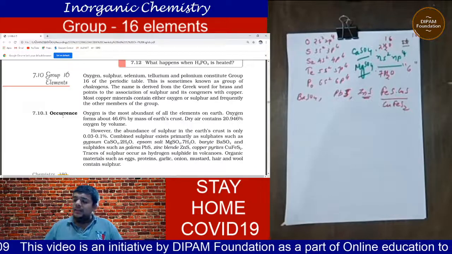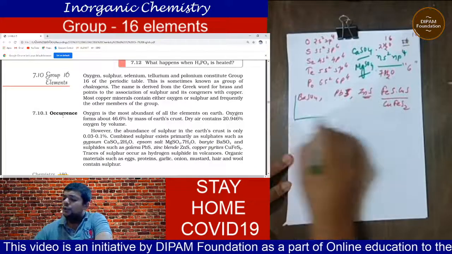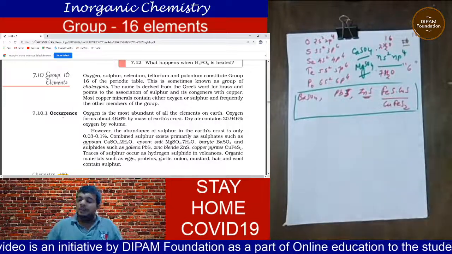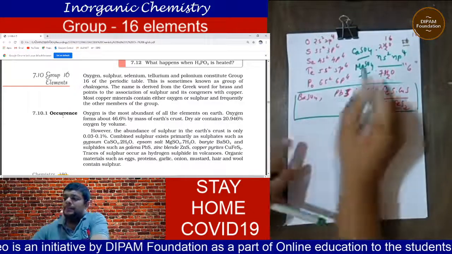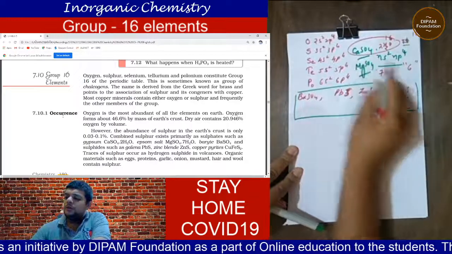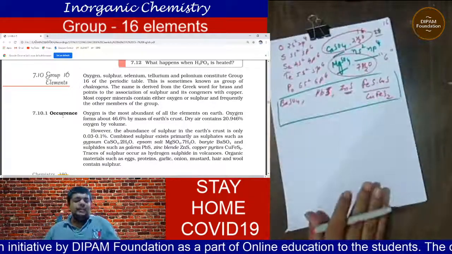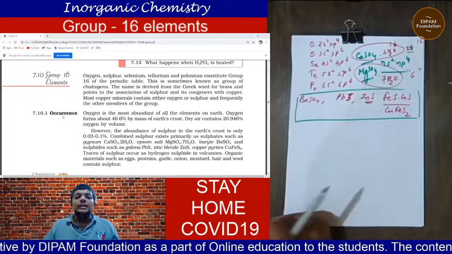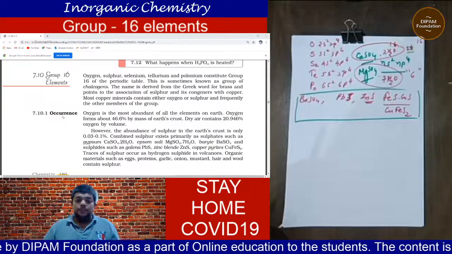So these are a few very important sources which deliver sulfur in a very good amount: calcium sulfate 2H2O, magnesium sulfate 7H2O, or the rest that we have discussed.